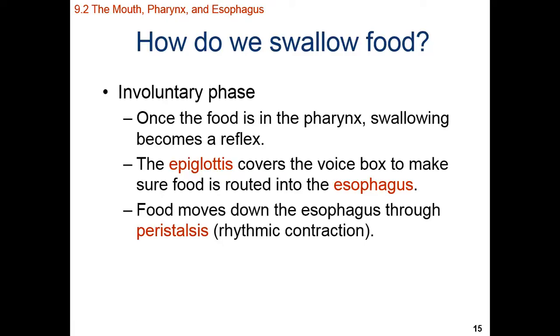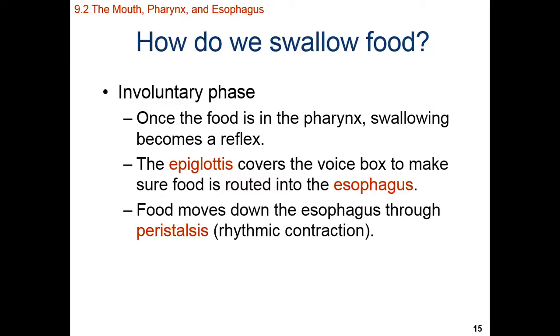But then we are going to have our involuntary phase. Once that food gets to the pharynx, we're going to have our reflexes take over. And part of the swallowing reflex is going to involve a special fold of tissue known as the epiglottis, folding back to cover up the voice box or to cover up the larynx. This epiglottis keeps us from choking on our food when we swallow it. Occasionally, when you drink a beverage, it'll go down the wrong tube or the wrong pipe.